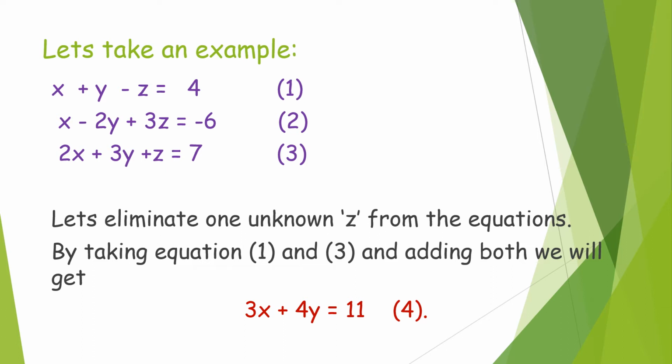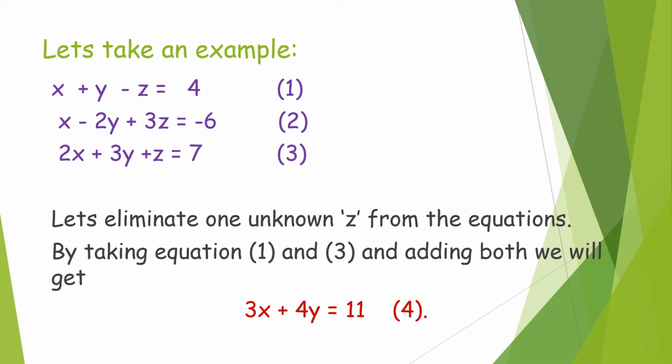Now let us eliminate the unknown z from the equations. For that, first of all, I am taking equation 1 and equation 3, and we can say that the coefficient of z in both these equations is 1. So we can eliminate the variable z easily.